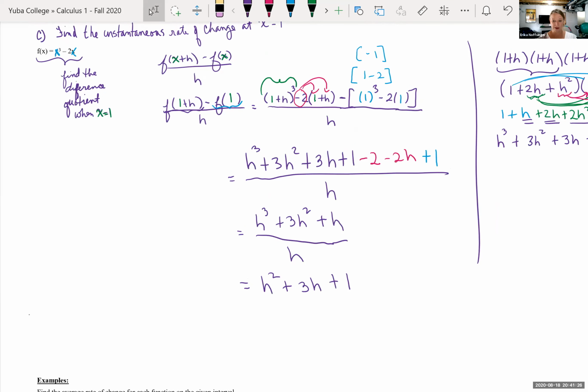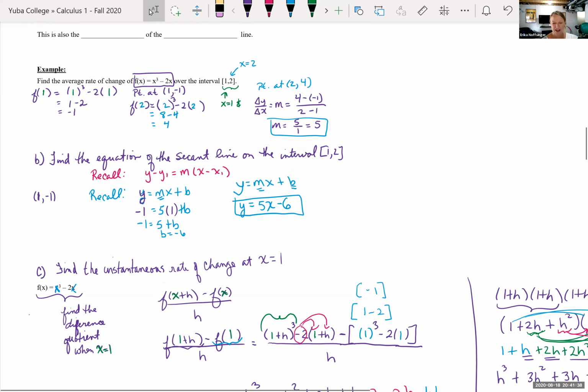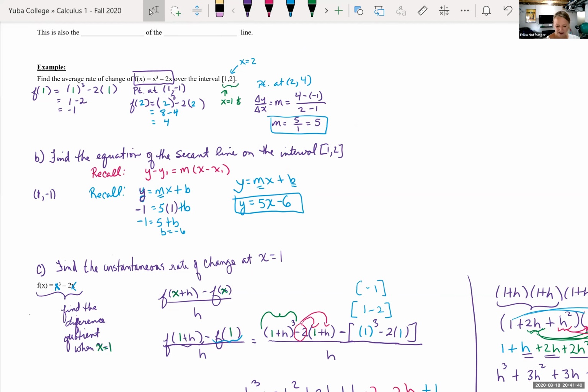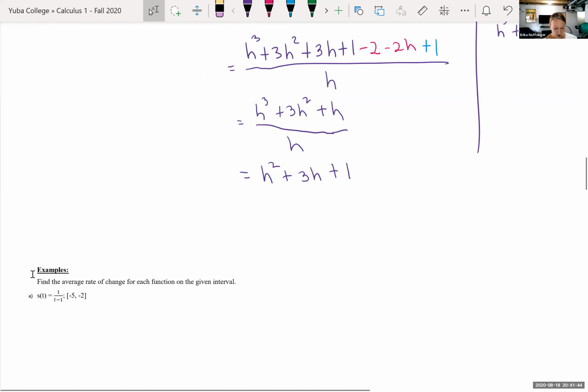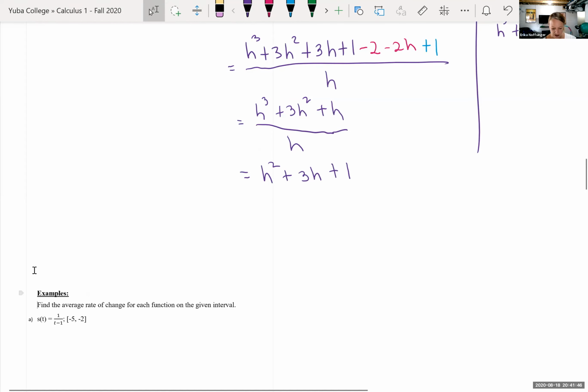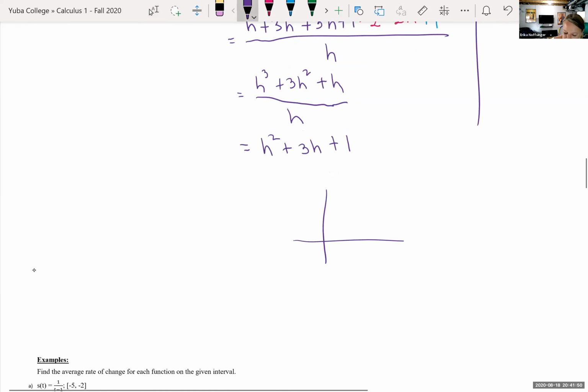Okay, so let's go back and talk about that original equation really quick that we were looking at. Remember, we were looking at the average rate of change between 1 and 2. Well, if you're looking at 1 and 2, what is that value of h? So if I have x equals 1 here and I have x equals 2 here, I don't remember.